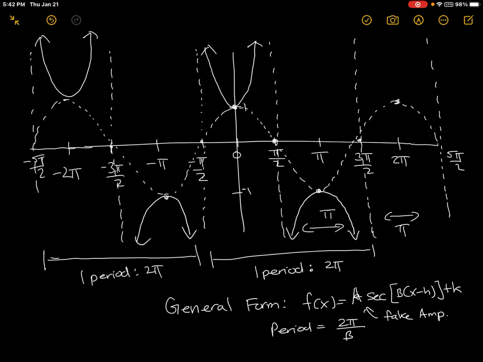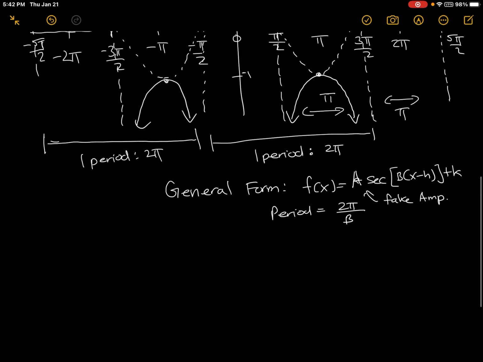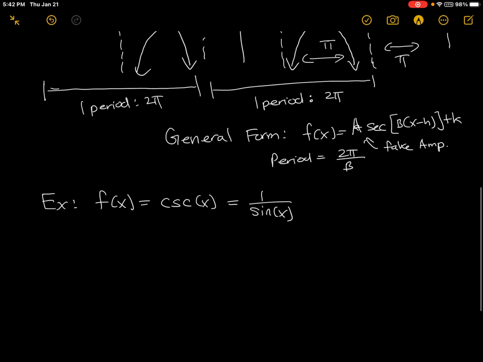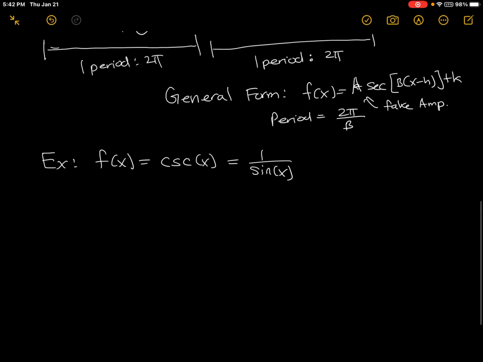If you understand how to graph secant, graphing cosecant x is going to be the exact same thing. Cosecant x is just 1 over sine x. And just like what we did in the beginning of the previous example, how do I find the vertical asymptote?